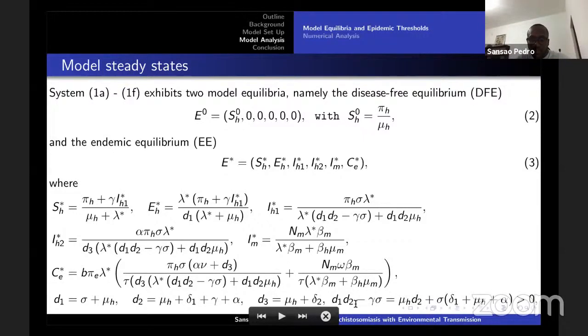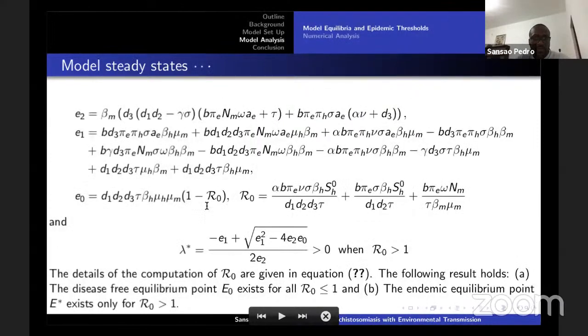We also demonstrate here that this component is non-negative. So these solutions are positive depending on the value of lambda star.